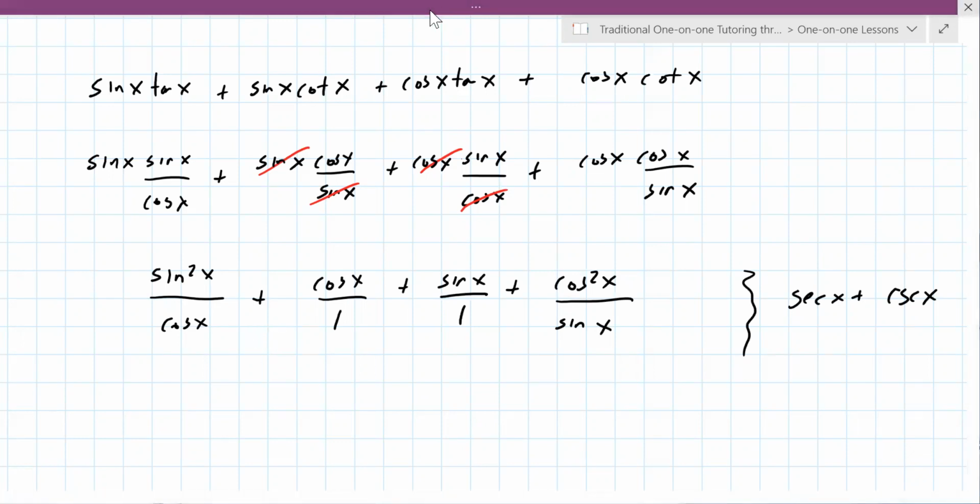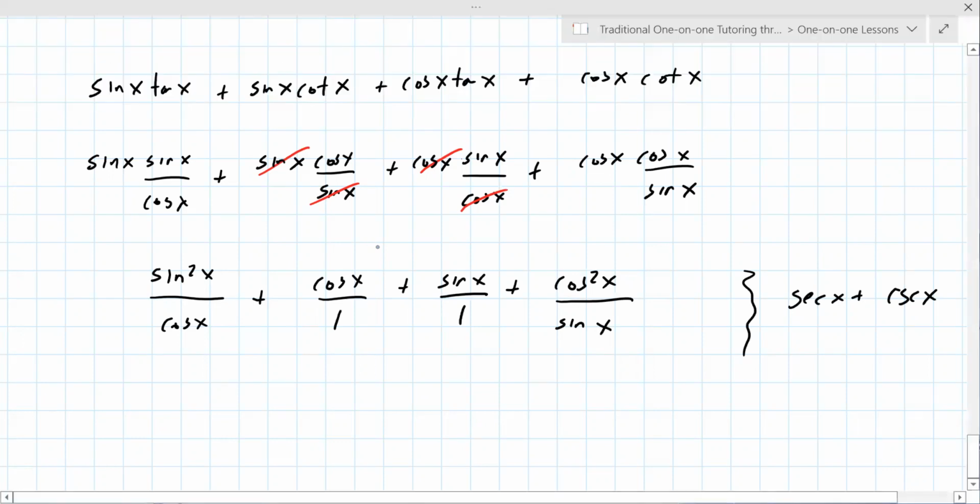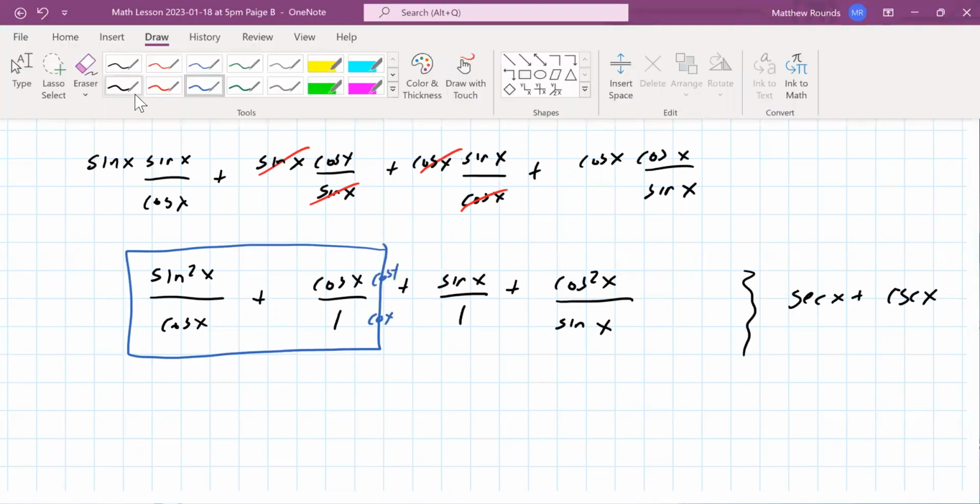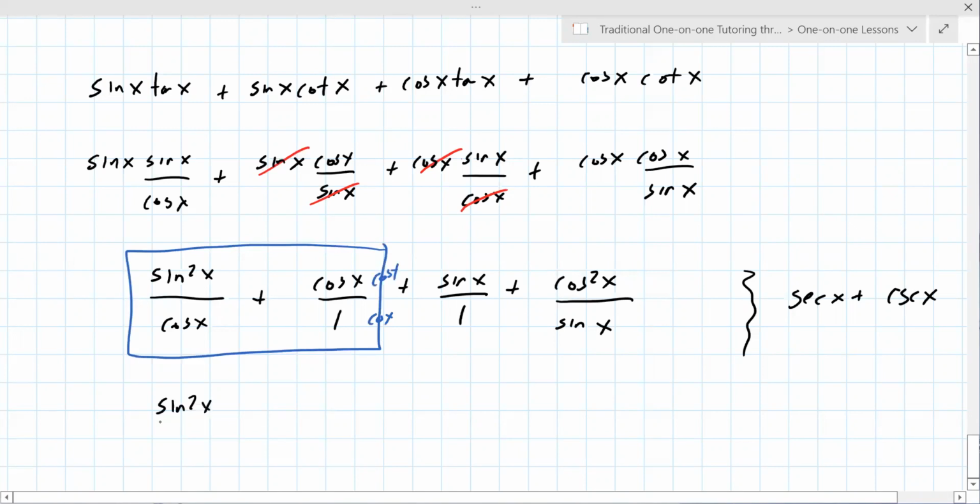And this is why just seeing them a few times helps. I look at these two and I'm like, if we make a common denominator of cosine, which means multiplying the top and bottom on the right by cosine x, that's going to produce something really nice. Sine squared x over cosine x plus cosine squared x over cosine x.